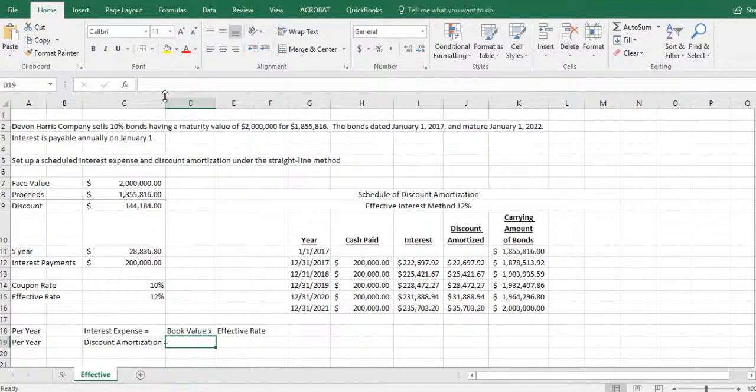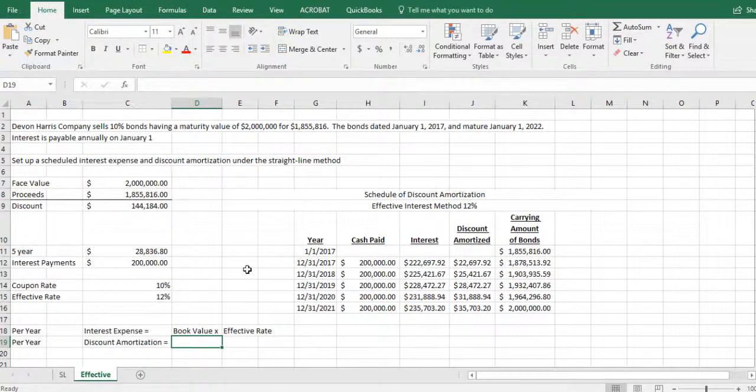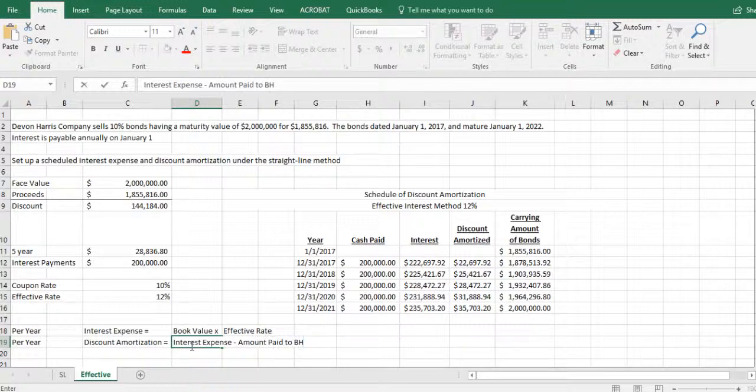The discount amortization is, forgive me, the interest that we just calculated, our interest expense, less the amount paid to bondholders.